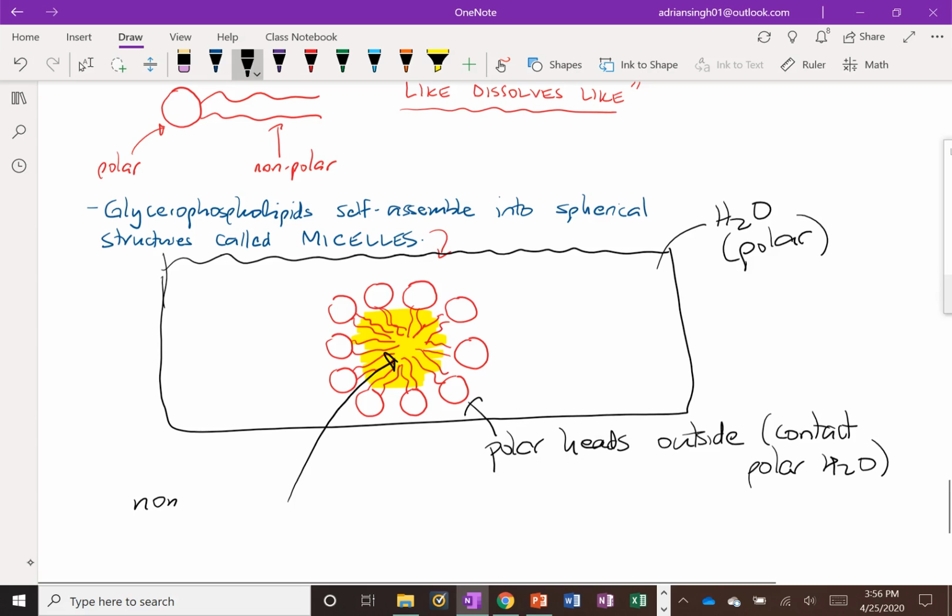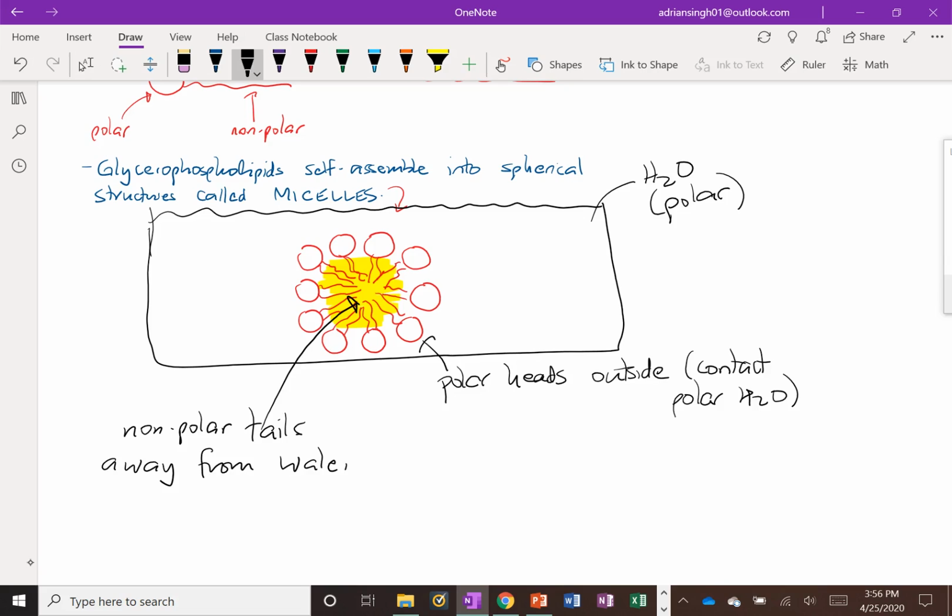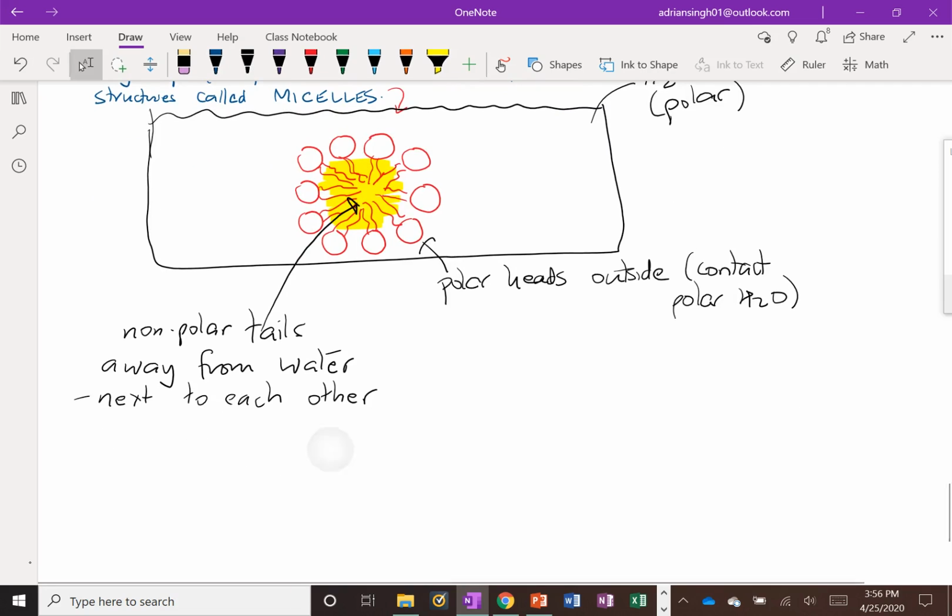The non-polar tails don't want to be close to water, so they want to be away from water as much as possible. They're next to each other because they have similar polarities, and that goes along with this whole like dissolves like idea. So they're shielded from the polar H2O.